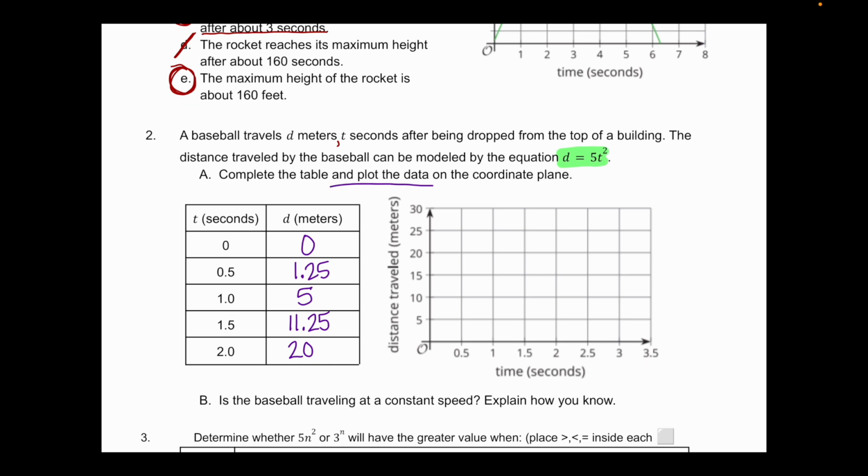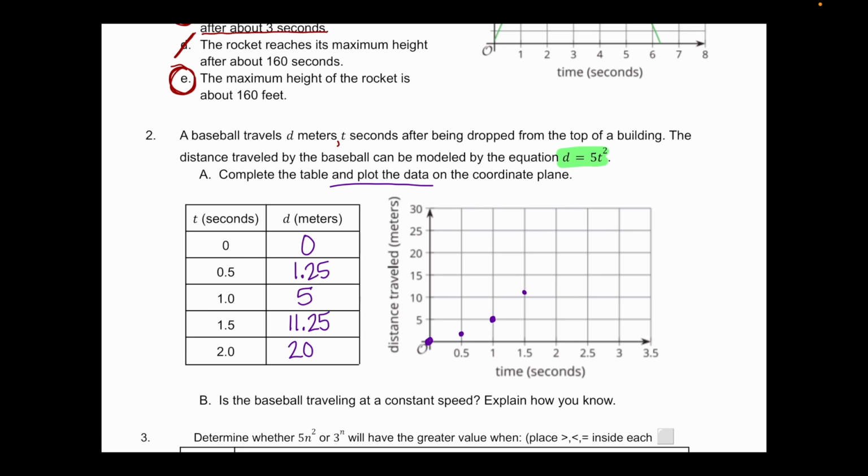At 0, we have 0, so make sure to put a point at 0, 0. At 0.5, we have 1.25, so that's going to be kind of small, maybe down right there-ish. At 1, it's actually 5, so right here. At 1.5, it goes up to 11.25, so that's going to be a little bit above 10.